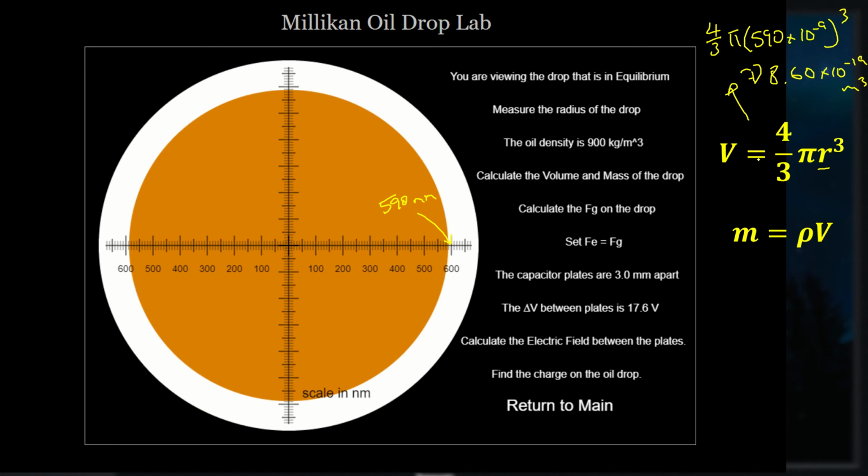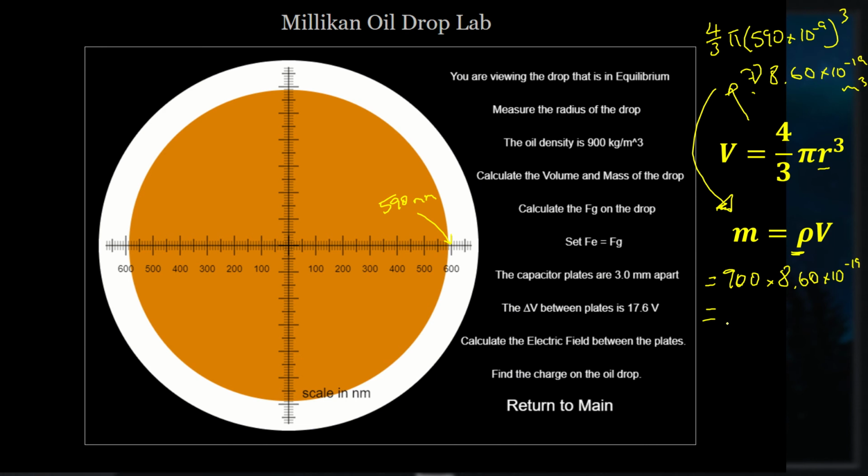That's the volume. If I then substitute the volume into this equation down here, I'll know the mass of this specific oil droplet. So 900 is the density times the volume. In my calculations, I actually use the entire value, not the approximate value that I wrote up there.